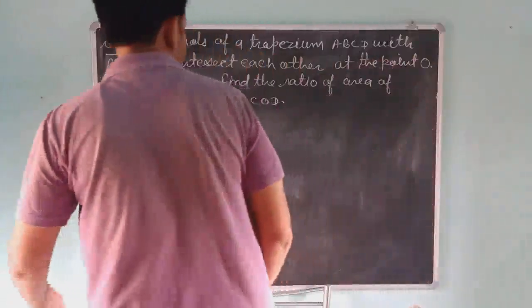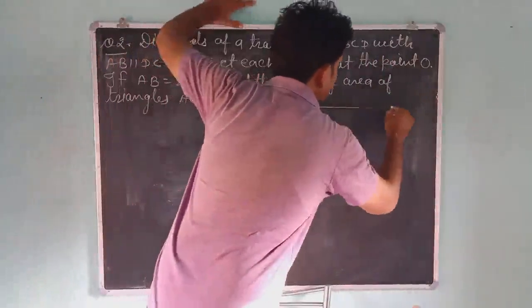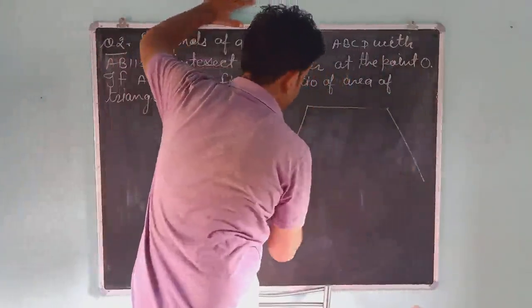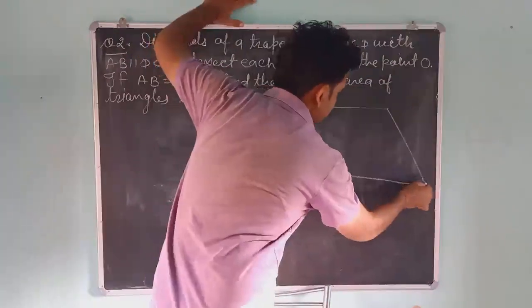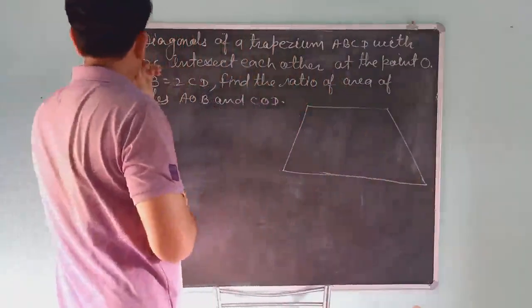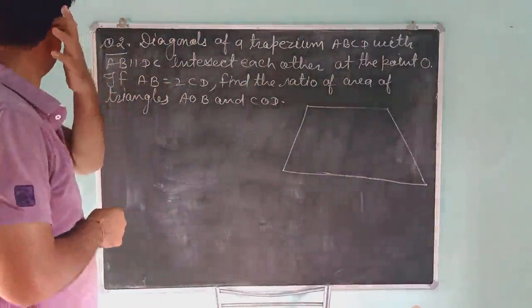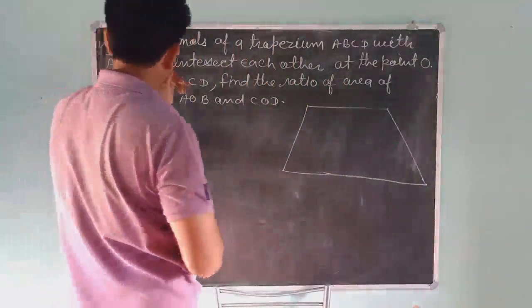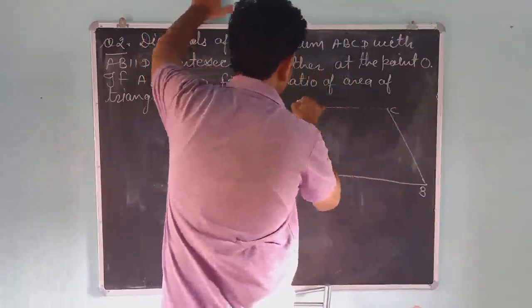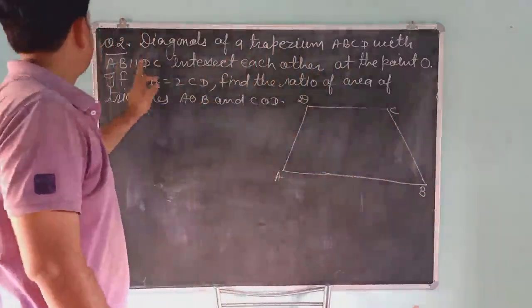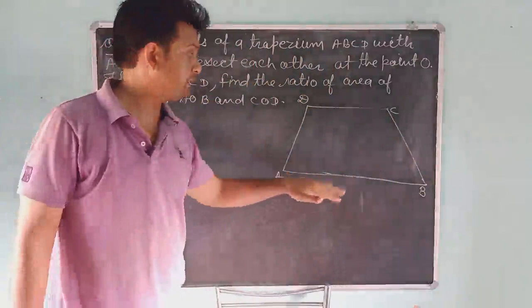So, students, you know this. Suppose that this is the trapezium, and the name of this trapezium is ABCD.